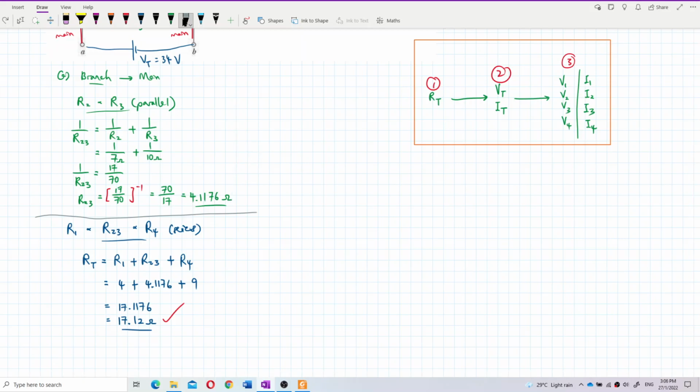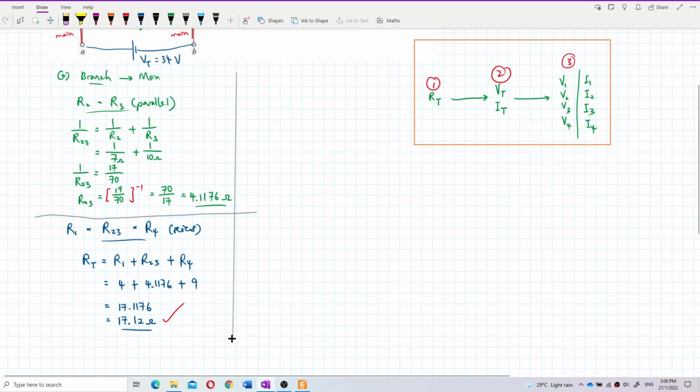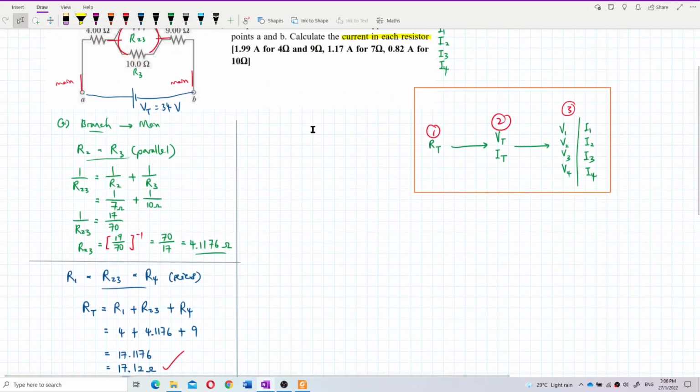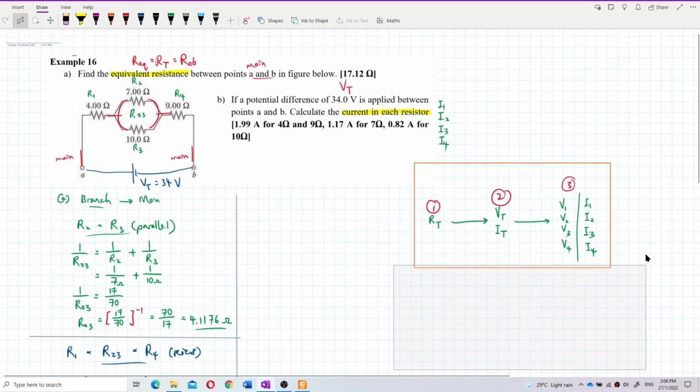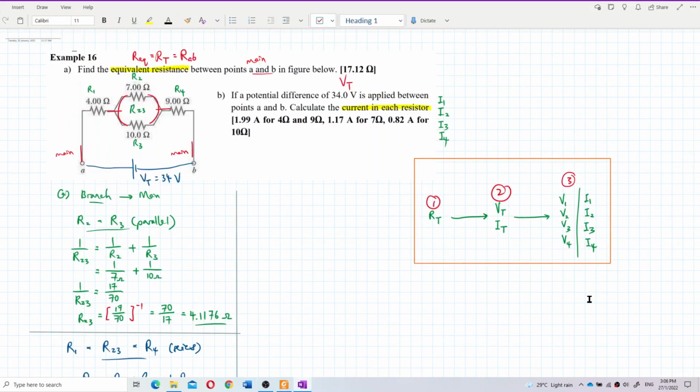What is this? Come on. Hold on a second. All right, that should be better. I like systematic work. So that's part A just now. Now let's start with part B. Oh, what is this? Hold on a second.